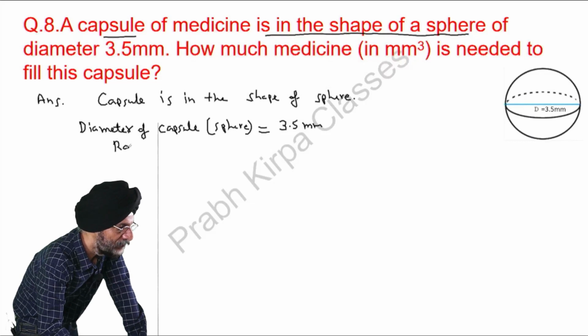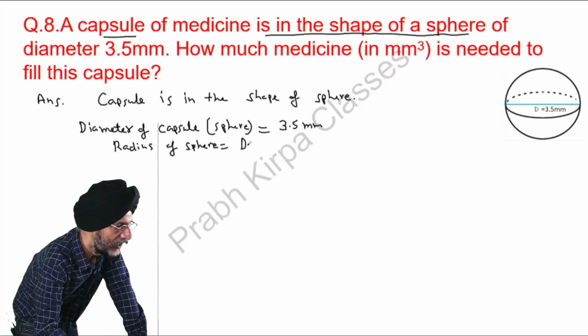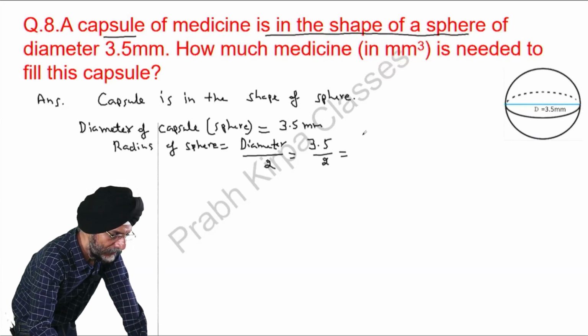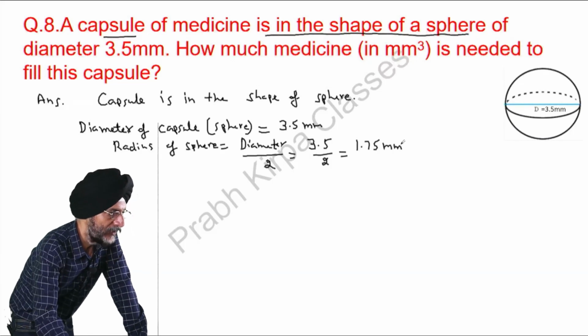We know that the radius of capsule or sphere will be half of diameter. So here we will put the value of diameter and it will come as 1.75 millimeter.